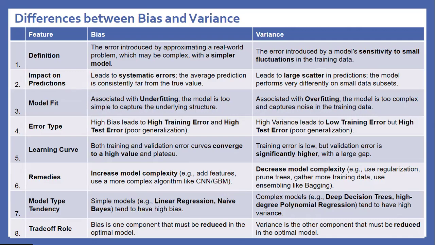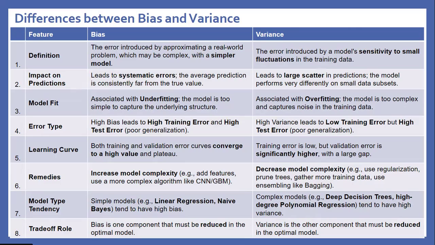Model fit: bias is associated with underfitting. The model is too simple to capture the underlying structure. Variance is associated with overfitting. The model is too complex and captures noise in the training data. Error type: high bias leads to high training error and high test error, poor generalization, whereas high variance leads to low training error but high test error, poor generalization.